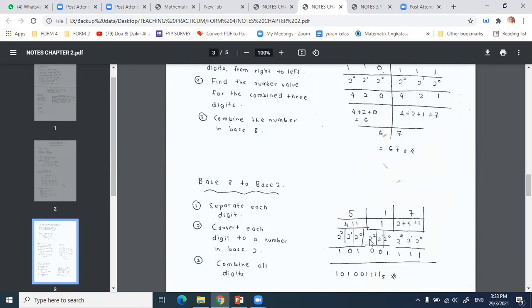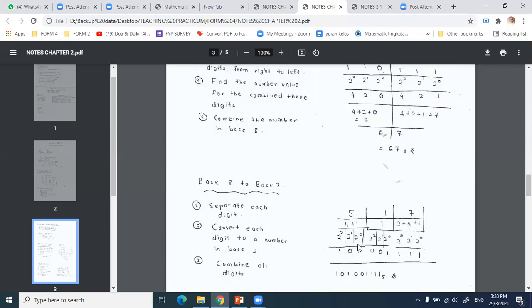But below here we still need to break it down into place values, which is 2 to the power of 2, 2 to the power of 1 and 2 to the power of 0. But because the answer is only 1, so 2 to the power of 0 times 1. This is the only 1. The others are all 0, because we don't have 4 here, we don't have 2 here. We only have 1. So this will be 1, this 0, 0.